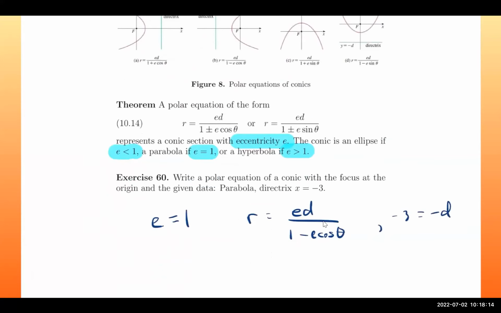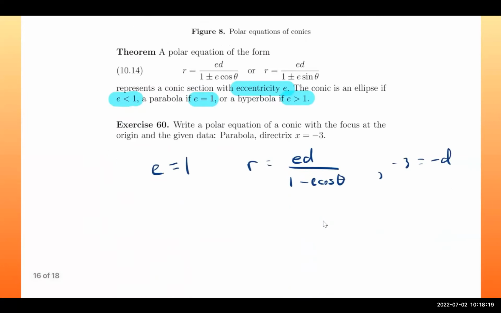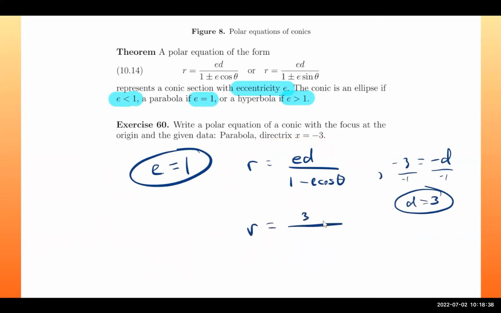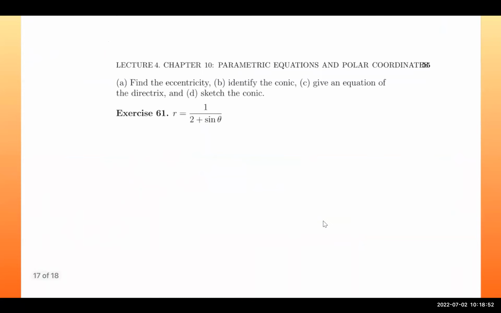So our directrix, which is -3, must equal -D, therefore D must be positive 3. Now we have our D and our E, and that's all we need to complete the equation. Substituting gives us r equals 3 over 1 minus cosine theta. That does it for problem number 1.